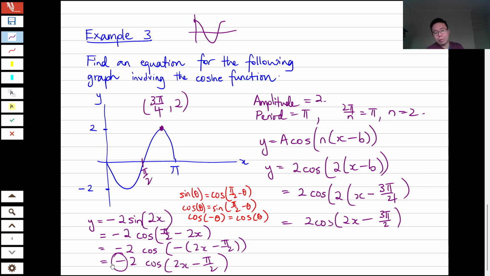So now what I want you to think about is this. If I have a cosine graph and I translate it by π units, does that negate the graph? Well, here's cosine up here. If I translate it π units, what's happened?